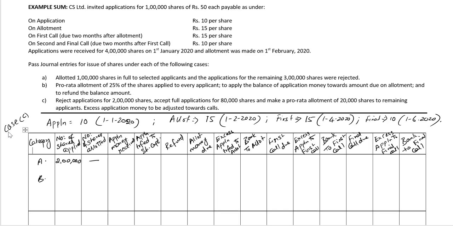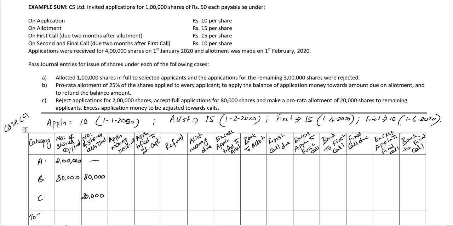Category B, accept full applications for 80,000 shares. So number of shares applied 80,000 and against that number of shares allotted is also 80,000. And category C, make a pro rata allotment of 20,000 shares to the remaining applicants. So we will allot 20,000 shares.